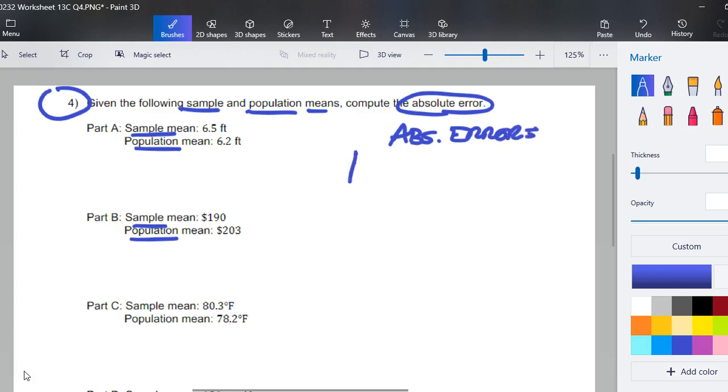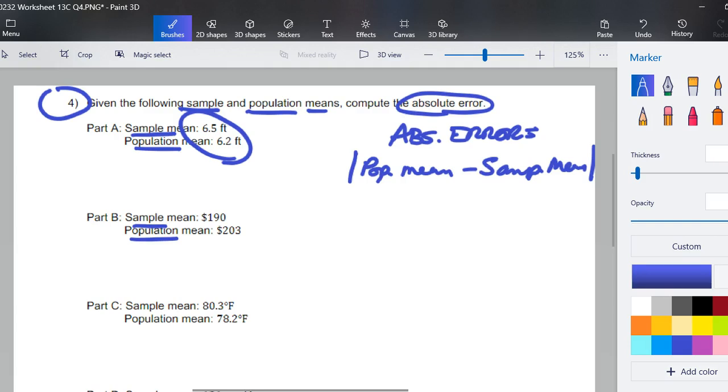Absolute error, we're going to take the absolute value of the population mean minus the sample mean, and we're done. It's always good to write down the formula before you start because you could get these backwards. With it being absolute value, you're going to be okay, but it's still a good practice.